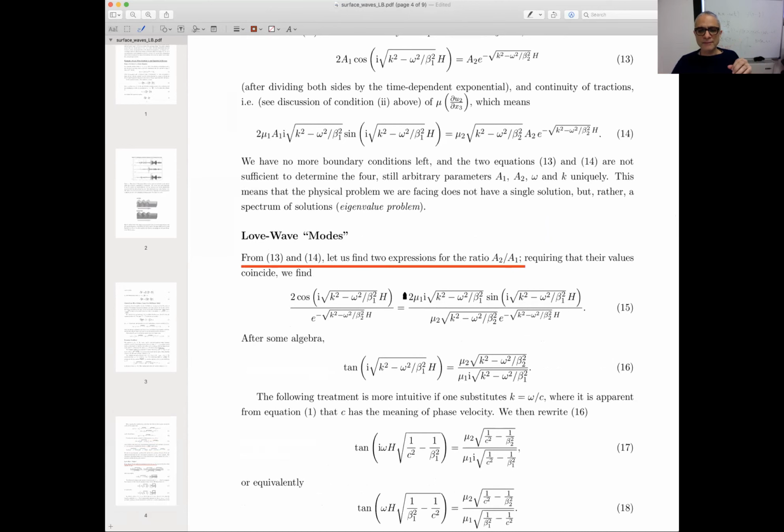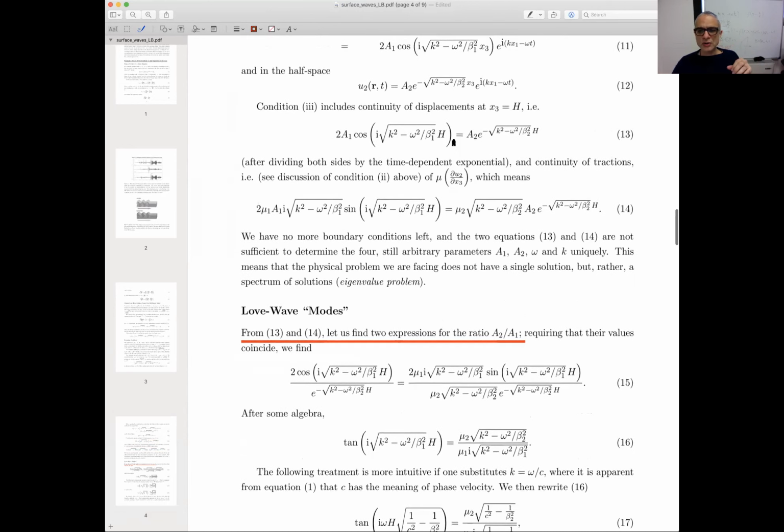If you divide, or actually take the ratio of the right-hand side of 13 to the left-hand side of 13, you divide both sides of this equation by A1 and by this term here.